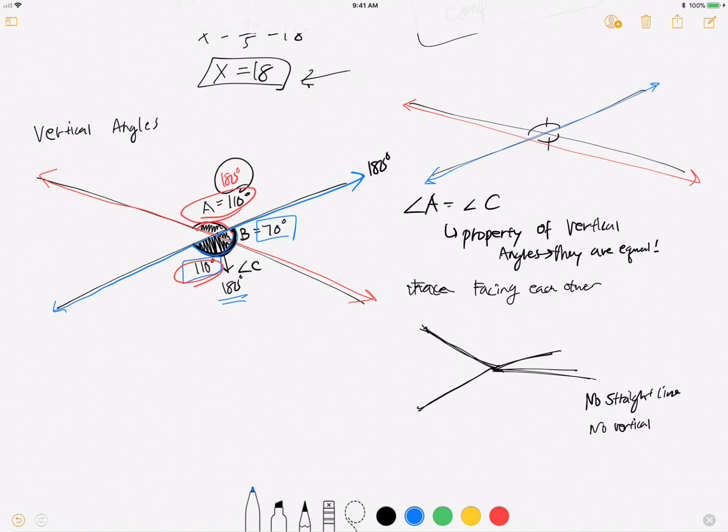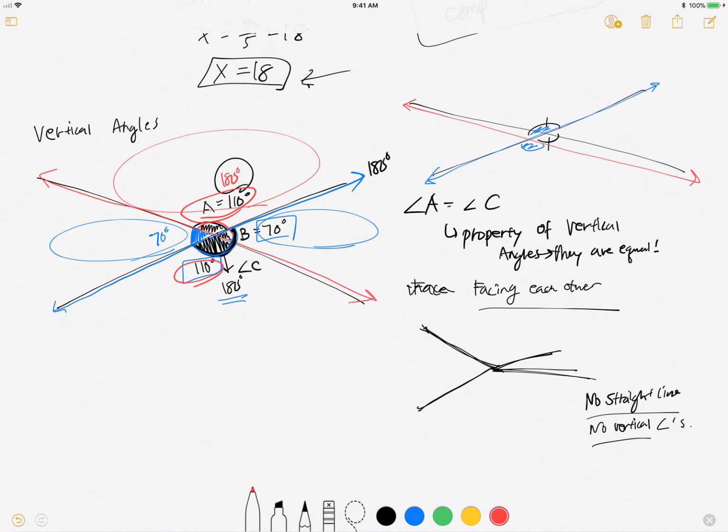As long as they're straight lines, these two angles right here and here will always be equal to one another. No straight line, no vertical angles. Got it? So the angles that are facing each other are always going to be equal. So this angle right here will also be 70 degrees because it has to match with this 70 degree side. And the 110 and the 110.